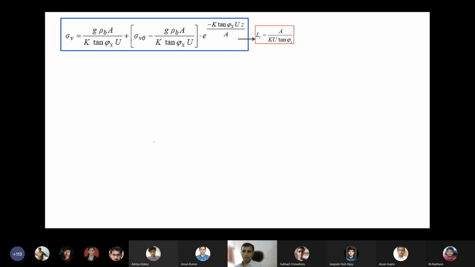So, the same expression I showed in the previous slide, I just rewrote here. Z is the variable that varies from 0 to Z max, and this is the critical height, we can say. Then it becomes e to the power of minus Z by LC.